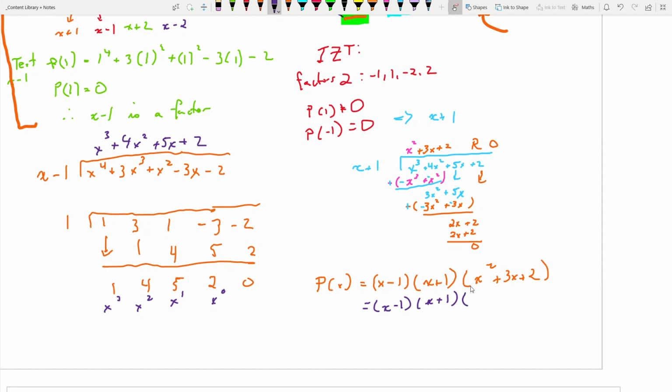Since my coefficient is 1, I get to use the sum and product property. So I can factor x squared plus 3x plus 2 into x plus 1 and x plus 2. In other words, this polynomial P of x, I can rewrite this as, no, the above is correct, but alternatively, I can write it like so.